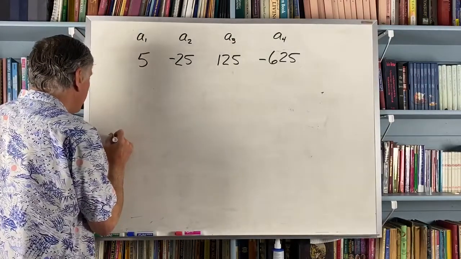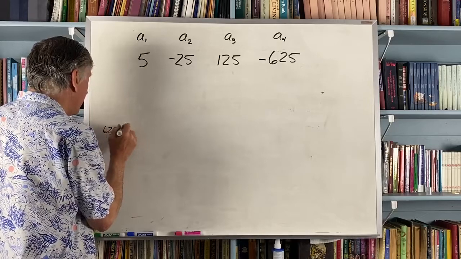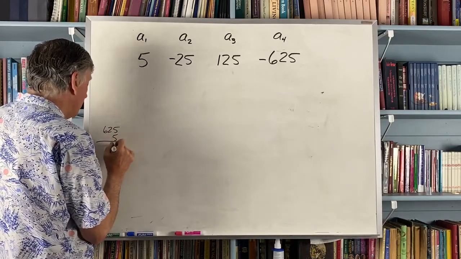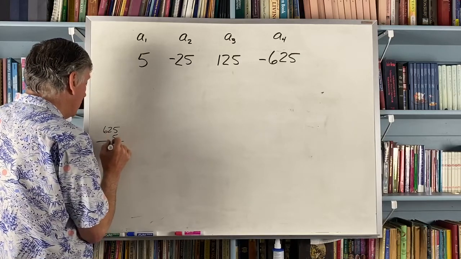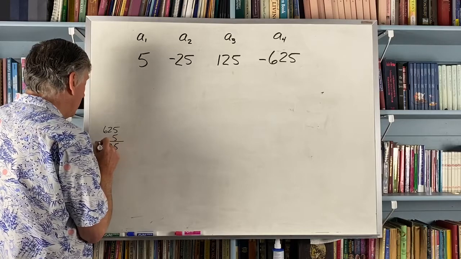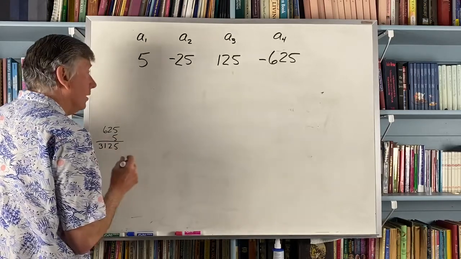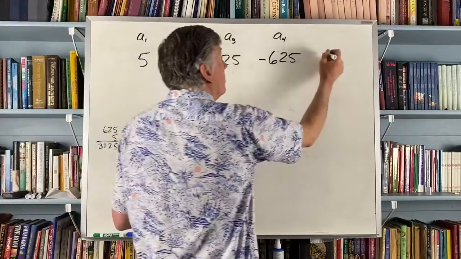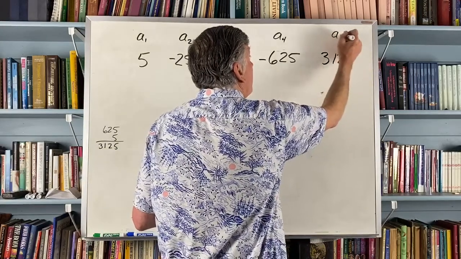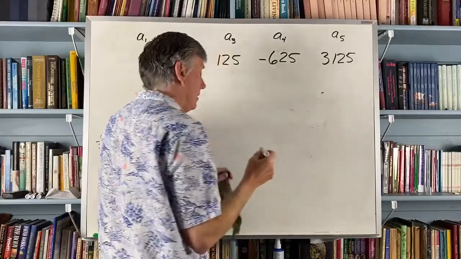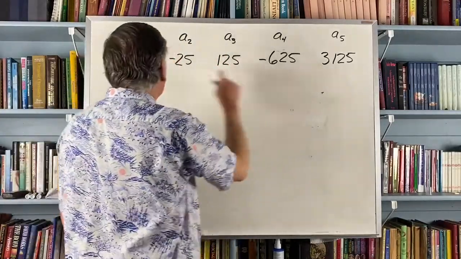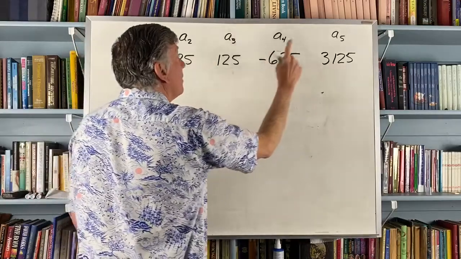What is 5 times 625? That's 3125. That's my fifth term. Is it going to have a positive or a minus sign? Well, it looks like it's going to be positive, minus, positive, minus, positive.